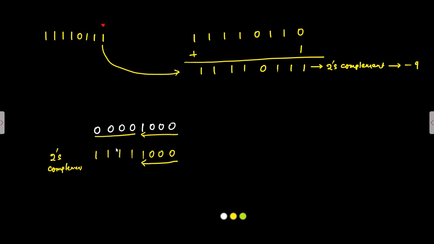So this is the 2s complement representation of -9. So with a very simple example, we understood how to represent a negative integer in sign magnitude, 1s complement and 2s complement form.